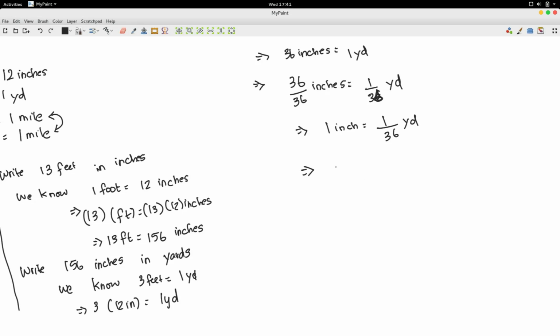This would also mean, by multiplying both sides by 156 inches, I'll get 156 over 36 yards, which simplifies to 78 over 18 yards, which is also 39 over 9 yards, which is approximately 4.3 yards.